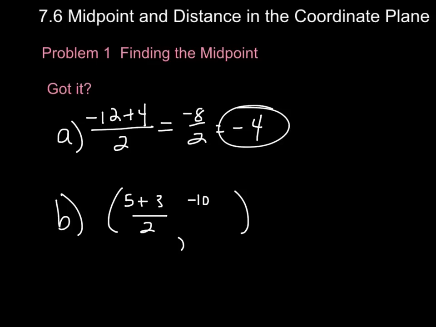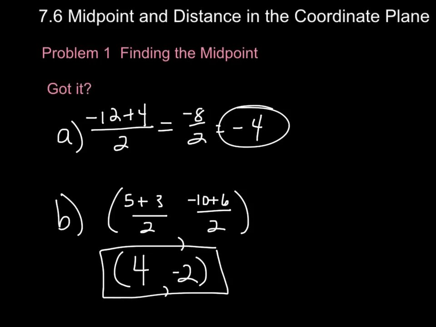Add your y values. Divide by 2. That gives you 8 divided by 2, which is 4. This gives you -10 plus 6, which is -4 divided by 2, which is -2. And therefore, your midpoint of segment RS is 4, -2. Notice the first one was on a number line, and the second one was on a coordinate grid, or a coordinate plane.